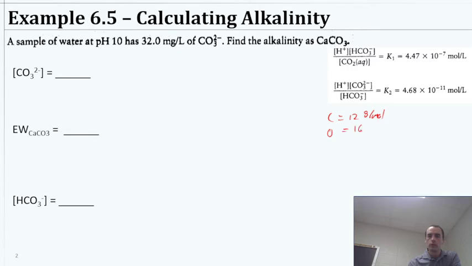Oxygen is 16 grams per mole. And we can remember from what we were just looking at a minute ago that because the molecular weight of CaCO3 is 100, the equivalent weight of CaCO3 then is 50.